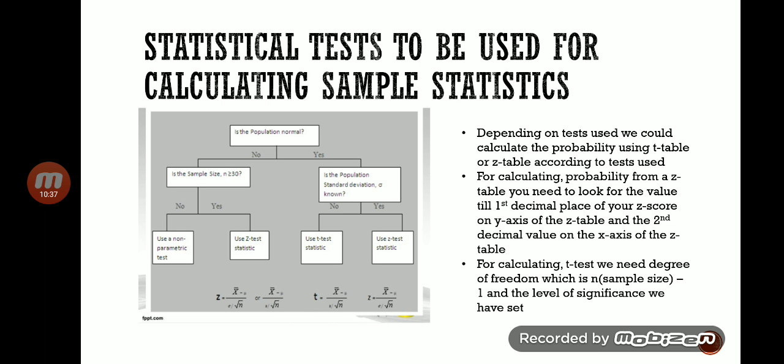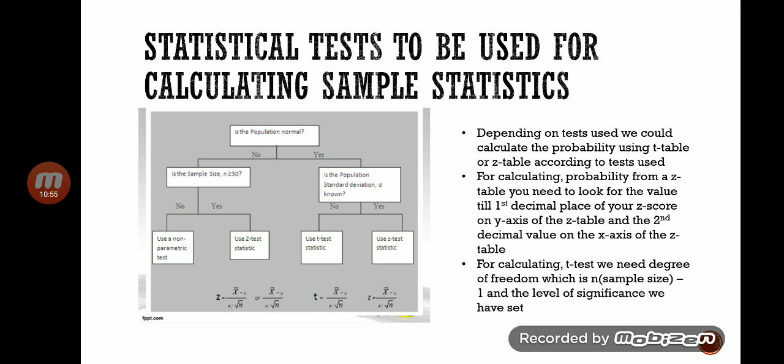And for t-test, there's a similar kind of table called t-table. In that, we use degree of freedom, which is basically n minus 1. That means sample size minus 1 is defined as degree of freedom, and the level of significance we have set.